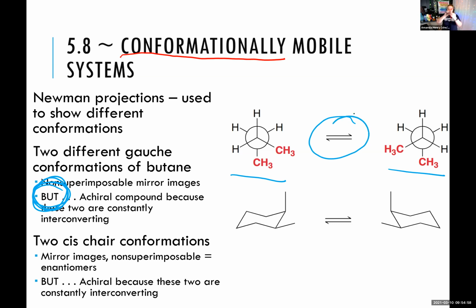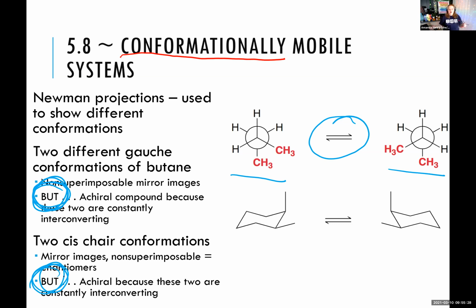We can go from having the methyl to the right or the methyl to the left, because it has that free rotation. The same thing is true with our chair conformation. So these are both in the cis configuration. They are mirror images, but they're constantly interconverting between each other because, again, it's just that bond rotation.